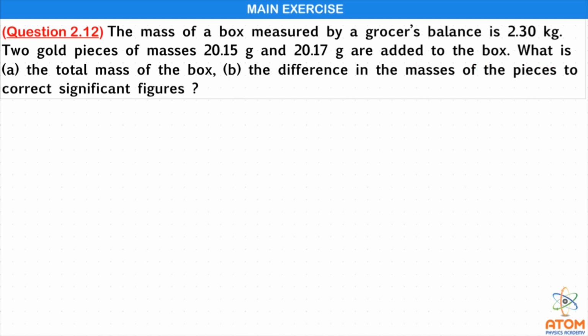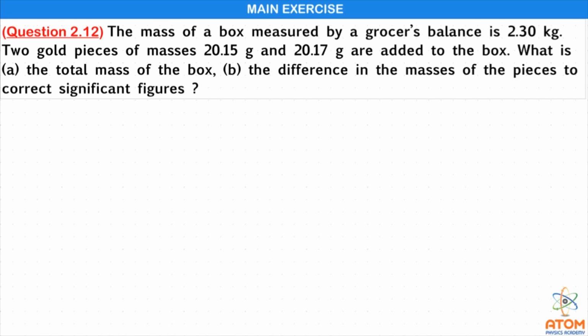What is the total mass of the box and the difference in the masses of the pieces to correct significant figures? So here we have to just add masses, and then we have to give the answer considering the correct significant figures, and we have to subtract the masses, and we have to give the answer considering significant figures.